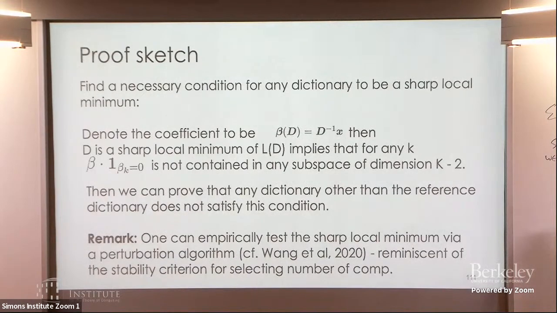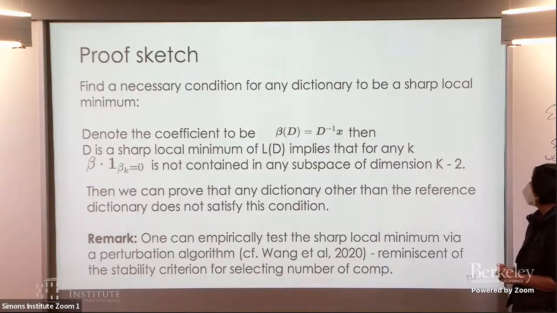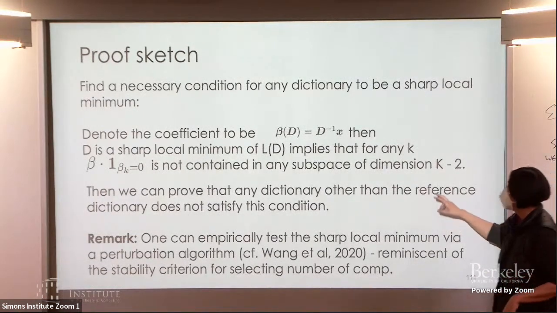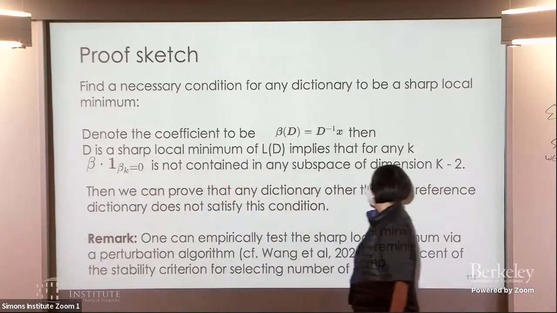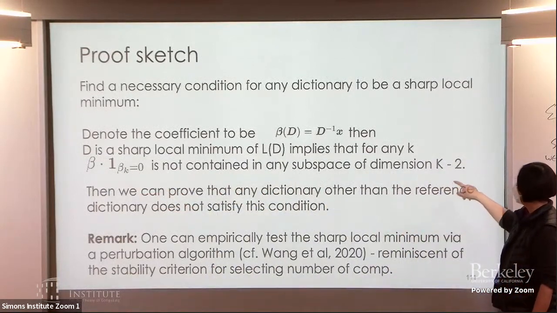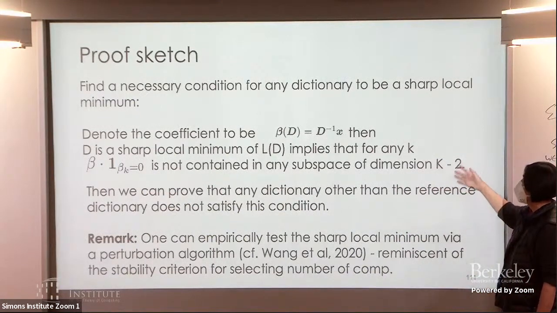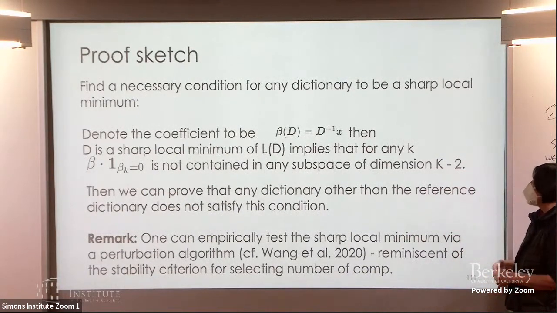Here's a very quick idea of the proof. Since we can do the inverse, you basically show that this vector is exactly k-1 in the subspace of k-1. From this, you can prove that other dictionaries don't satisfy that, and therefore they cannot be sharp global minimum.